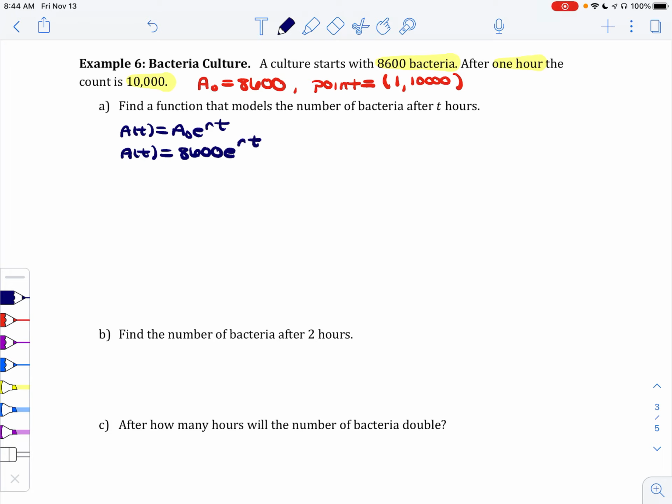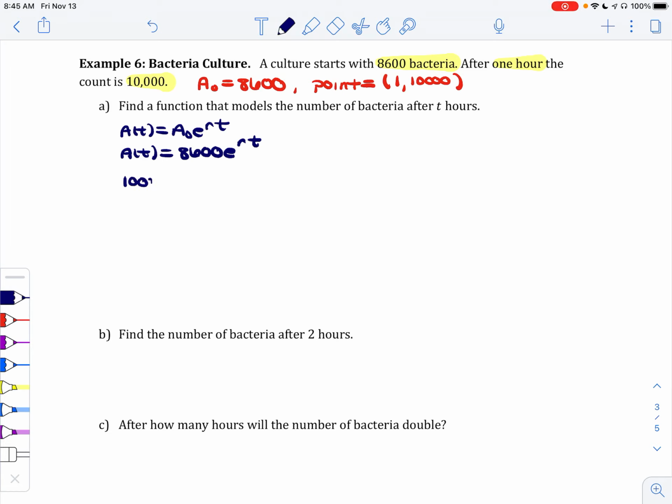But like I said, we don't know a rate. What we can do is plug in our point in order to solve for our rate. So the 1 is going to get plugged in for t, and the 10,000 is going to get plugged in for A of t, and then we can solve for r.